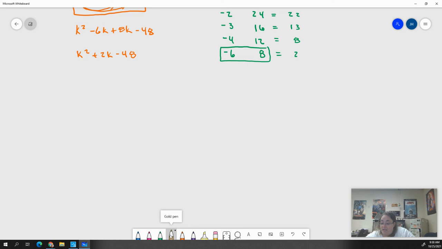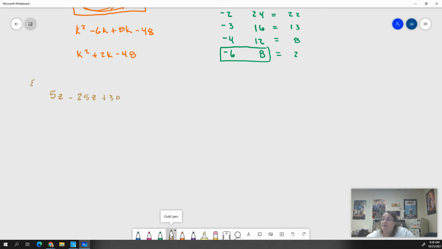So let's look at this. What if we have 5z squared minus 25z? My z's always have a line in them so that you can tell them from my 2's, plus 30.